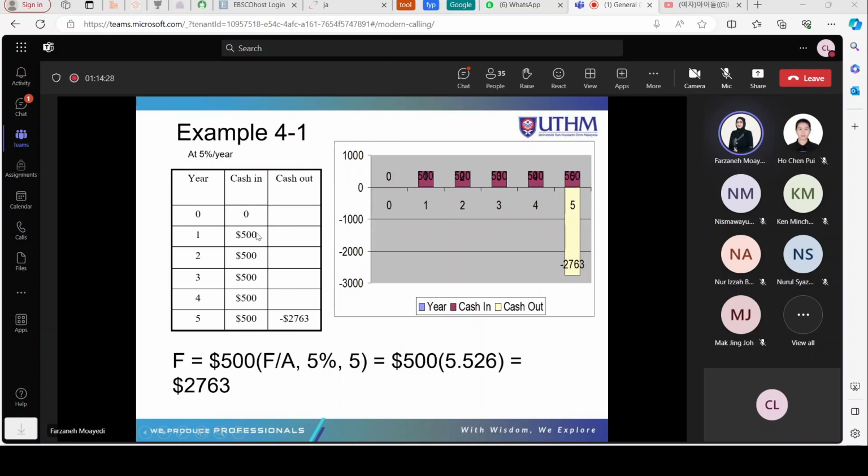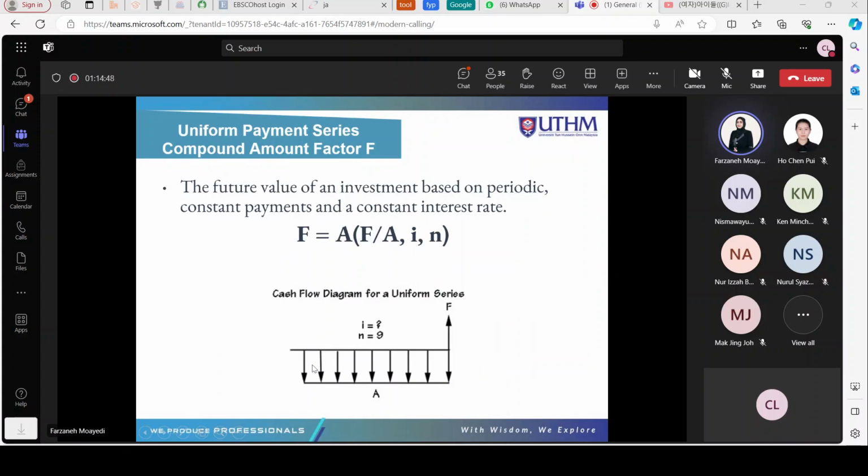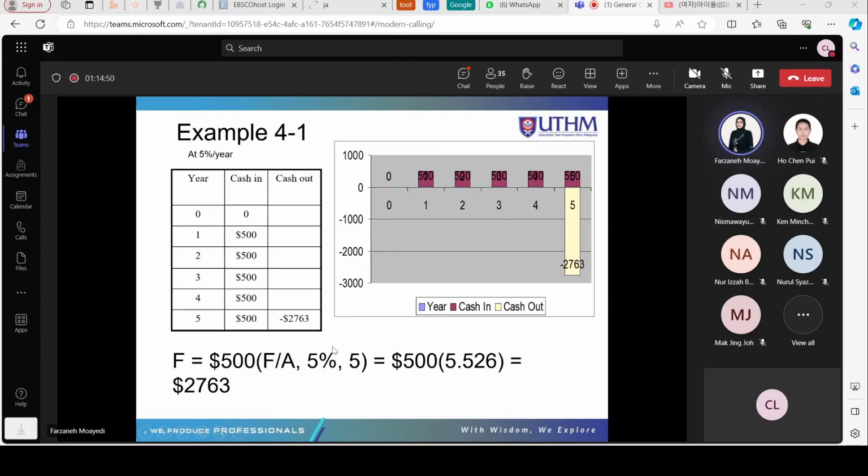It means that every single year, 500 has been added or 500 has been received, for example, because it's a cash in and it is positive. And cash out means that at the end of the 5 years, you are going to be paying 2,763 if the interest is going to be 5%.